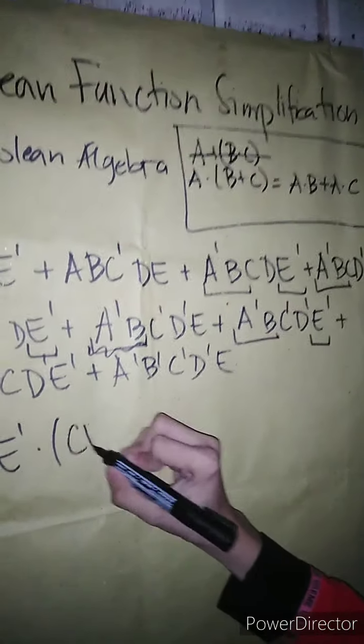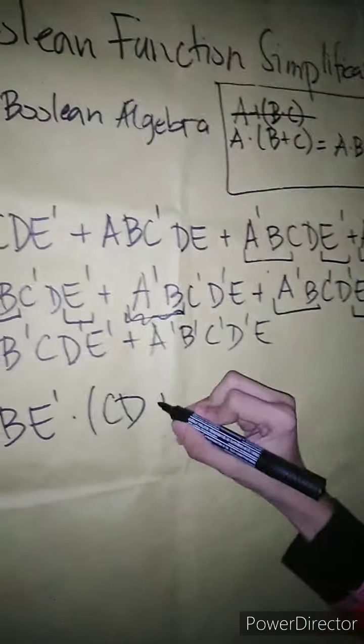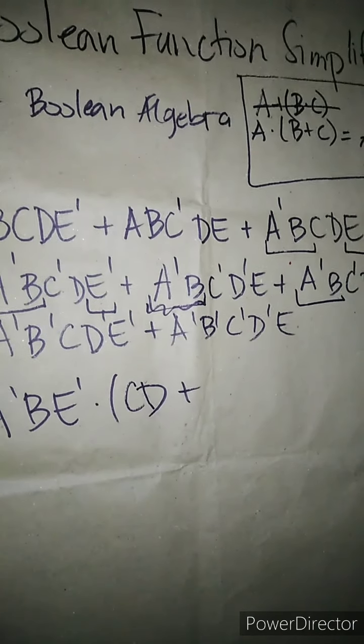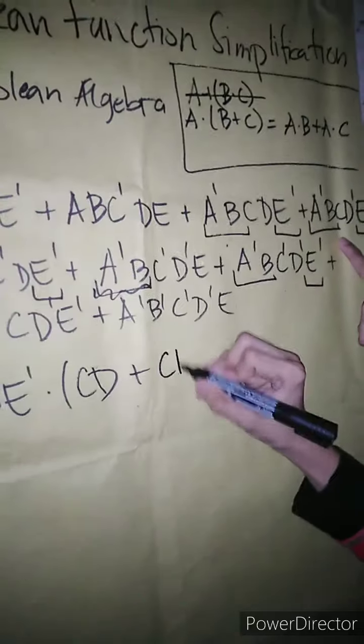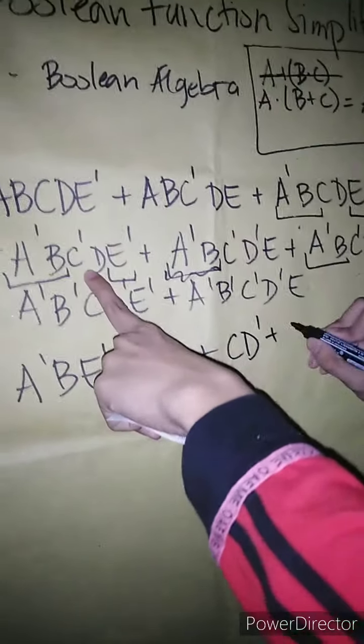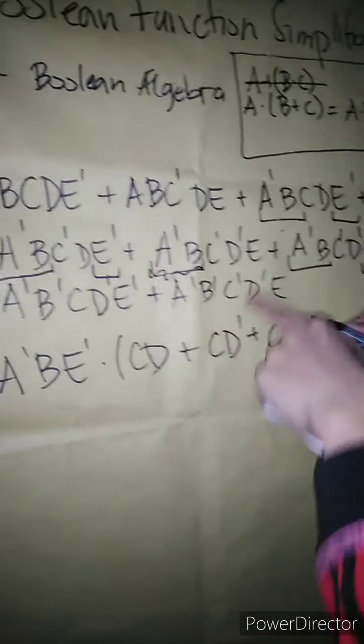I think no. But here we are, okay? In this term, we will be left with CD. Not the one which plays music. CD, or CD prime, or C prime D, or C prime D prime.